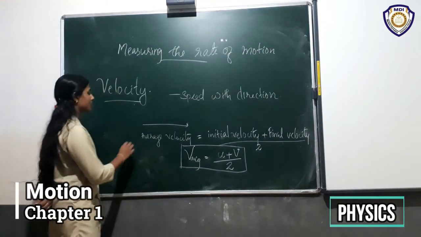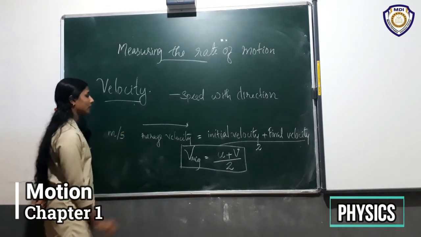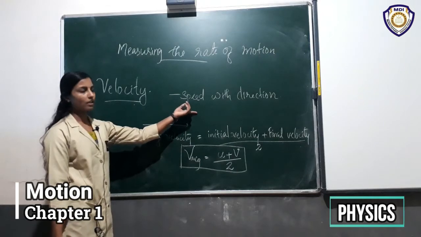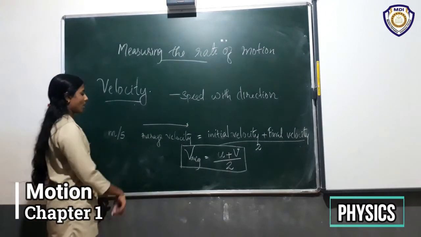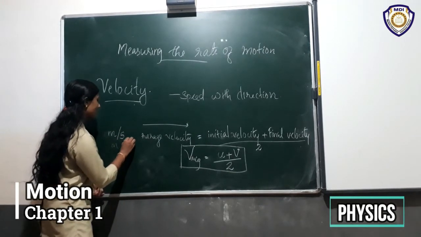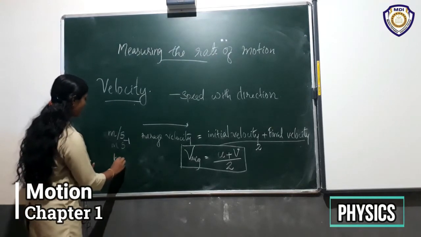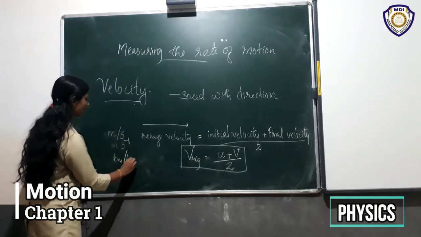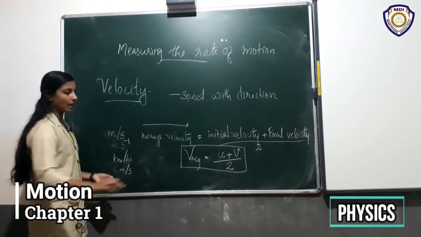Velocity also has the unit meter per second, that is speed with direction. So the unit of speed and the unit of velocity are equal. Meter per second, which can be written as meter second inverse, or kilometer per hour or centimeter per second, right?